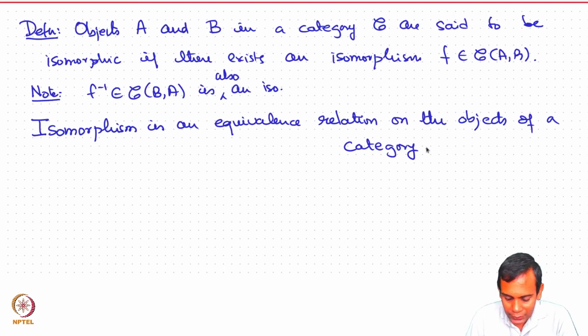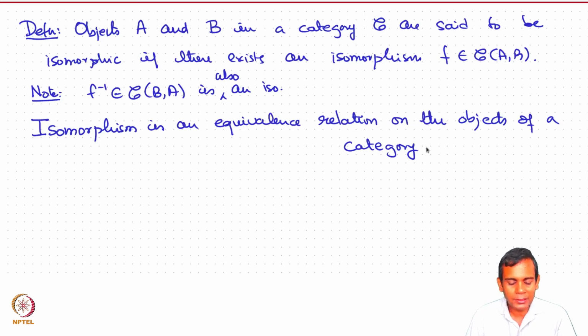But this is a more abstract notion of isomorphism, because the objects A and B need not even be sets. They could just be objects in some weird category. But still, intuitively, we are saying that isomorphic objects in a category would have the same properties and can be regarded as the same. However, there could be many different isomorphisms between two objects.